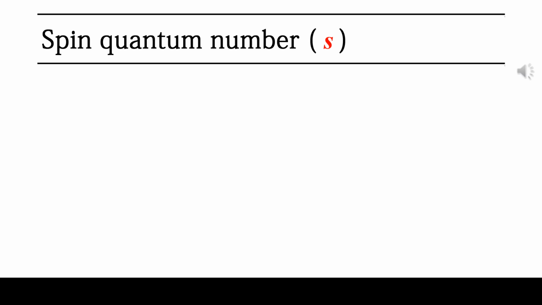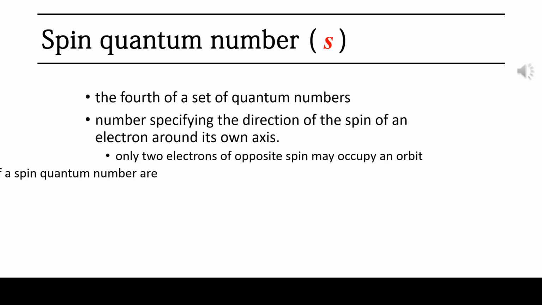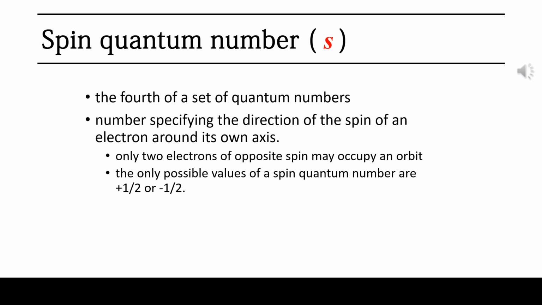These two electrons exist in two spin quantum numbers, the fourth of the set of quantum numbers, and we can give plus half or minus half as the quantum numbers for these two electrons. So spin quantum number has only two values, plus half and minus half. A particular magnetic energy level contains both plus half and minus half electrons.